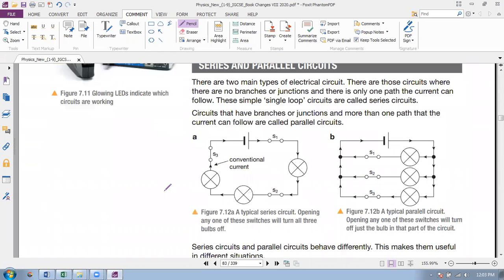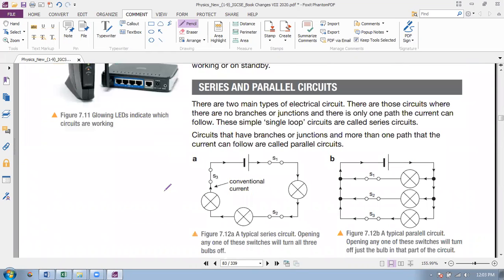Now we move forward to series and parallel circuits. So what kind of circuit is a series circuit and what kind of circuit is a parallel circuit? This is an example of a series circuit, and it's just like a loop. Look at this. This is the positive terminal of the cell, the negative terminal of the cell, and current comes from the positive terminal.